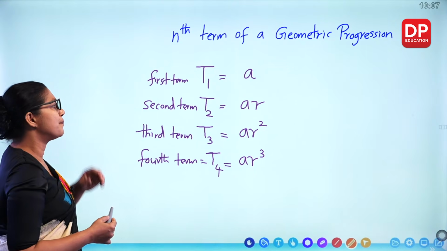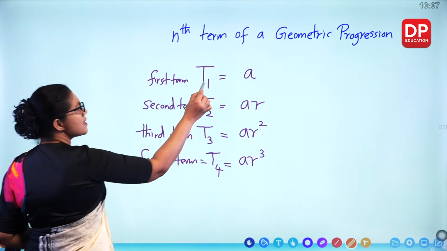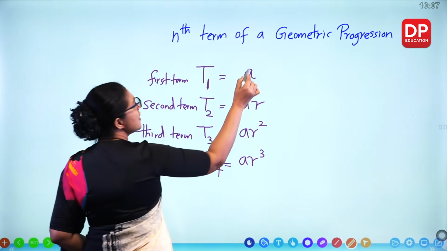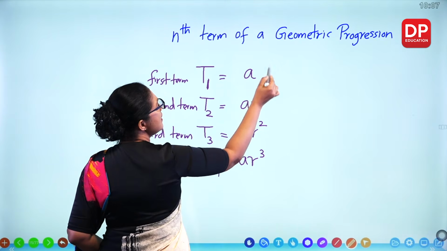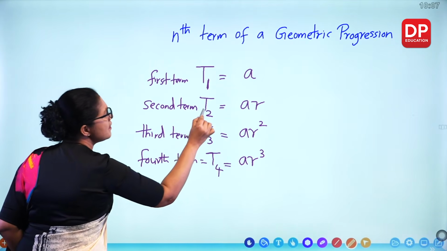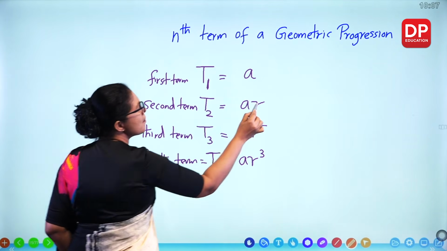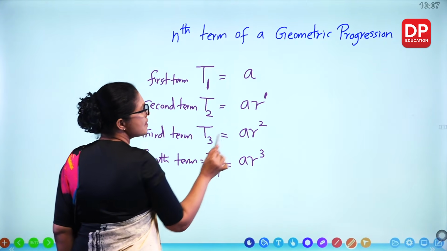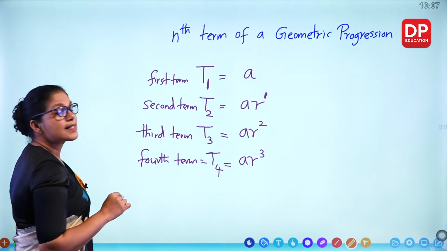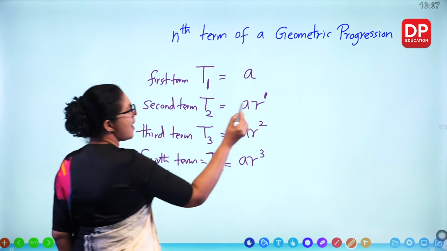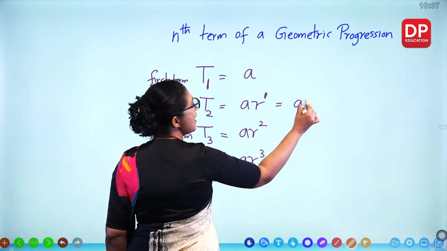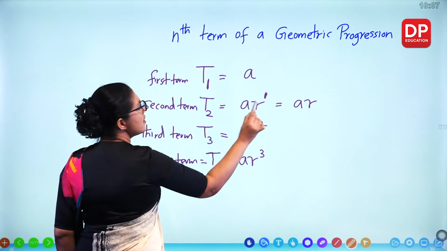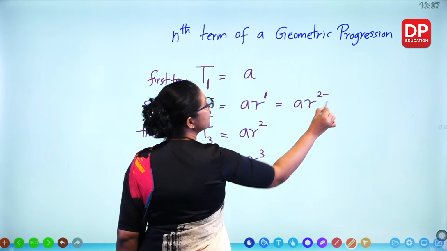What can you see? For the first term, here this is A and no R term. For the second term, the power is 1. For the third, the power is 2. I can rewrite it as A R to the power 2 minus 1.